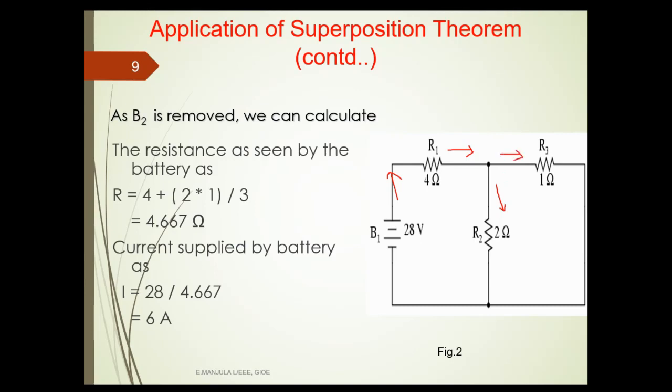We have not yet found the amount of current flowing in this other direction, but we know from this that it is 6 amps. Only one path is there, so the current through R1 is also 6 amps.